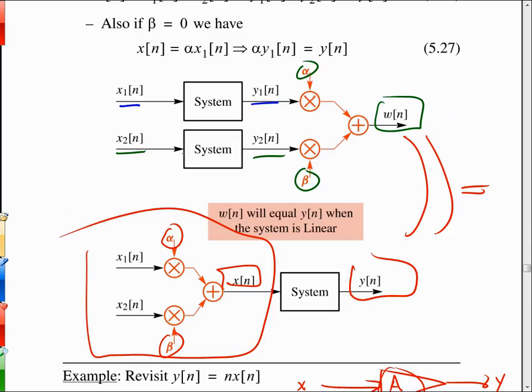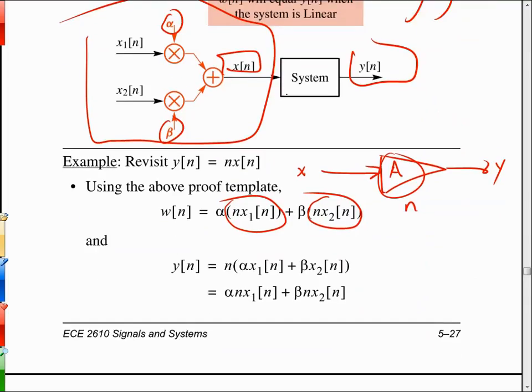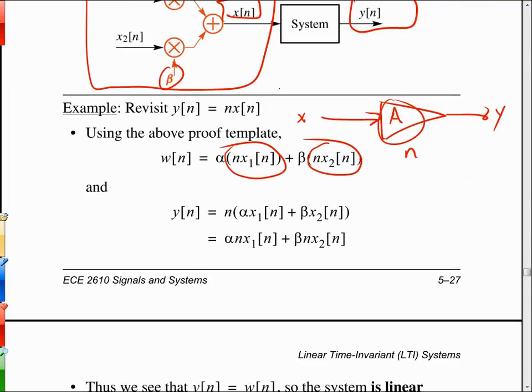We're applying the inputs separately and getting the separate outputs, n times x1 and n times x2 in this case. And then we're going to apply the alpha and beta and add them together to form W of n. And then down here we're going to apply the input all at once.